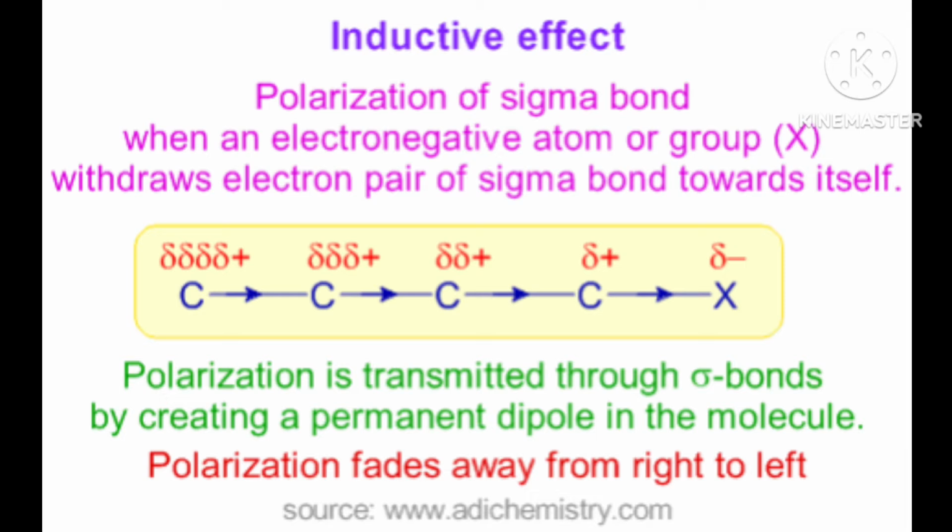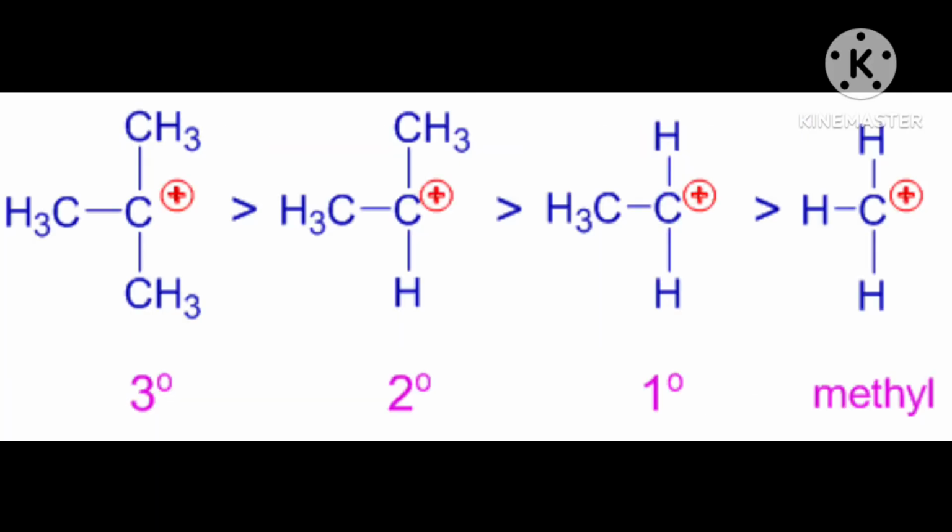In neutral molecules such as alkyl halides, due to polarity of the C-X bond, X is electronegative. X may be chlorine, bromine, iodine. Okay, fluorine, chlorine, bromine, iodine.